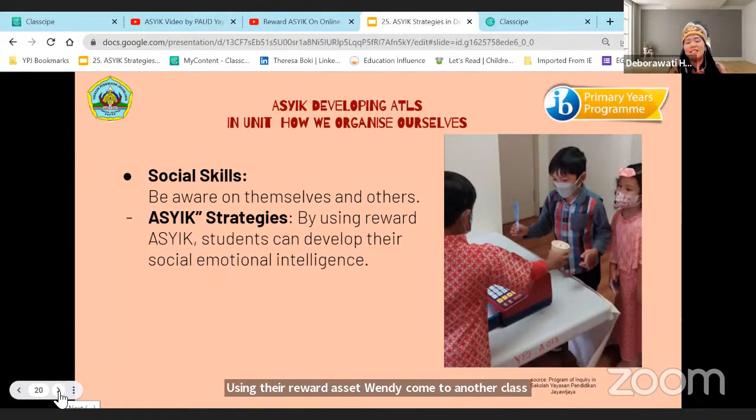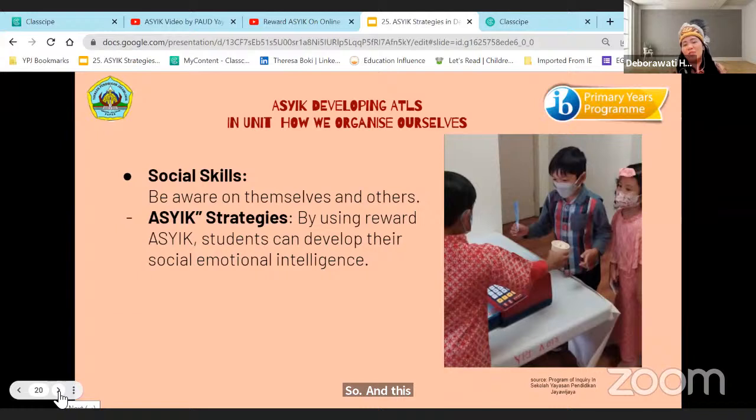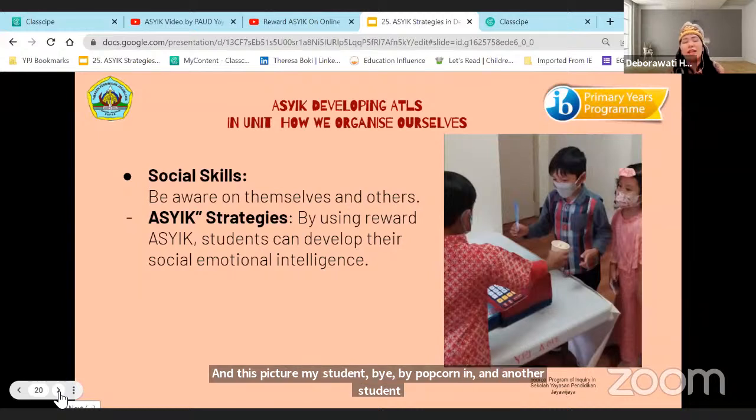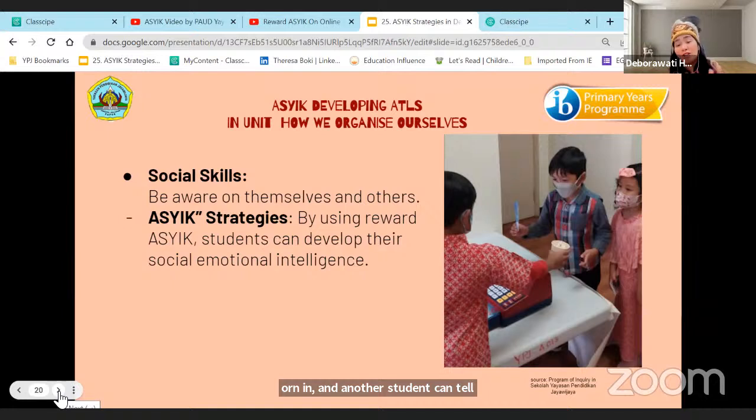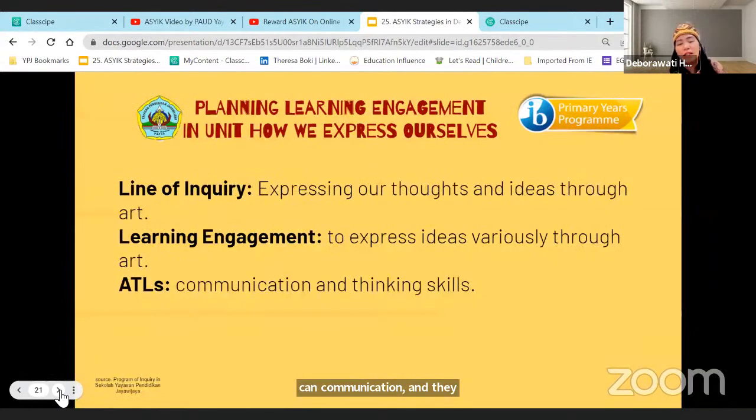In this picture, my student buys popcorn, and another student can tell how much the popcorn is, and then they can communicate, and they can be aware of themselves and others, like that. Next.